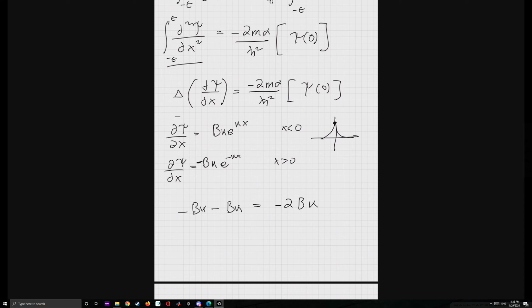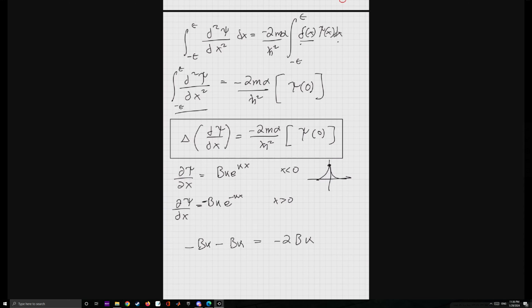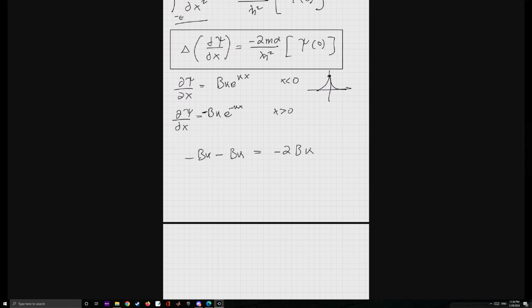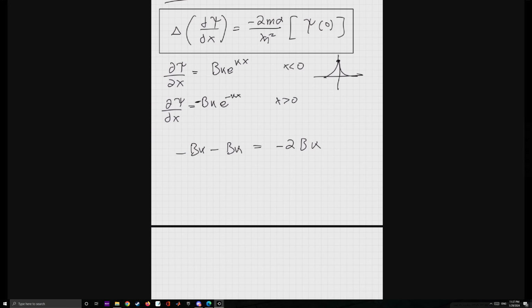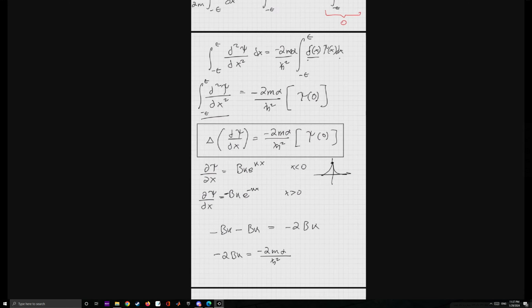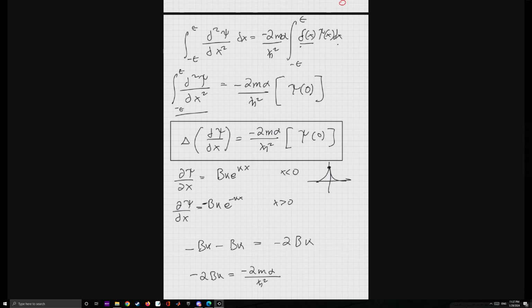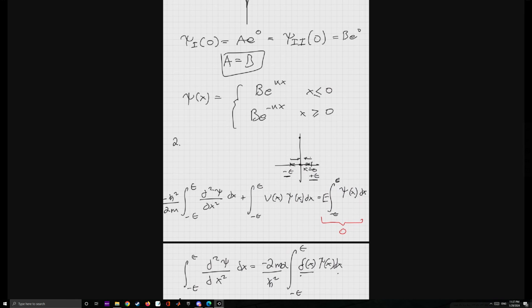Just using this equation, by the way, you can do this for e greater than 0 as well. You just simply use this equation. You're going to have different conditions for different boundary conditions, and your solutions are of course going to look different as well. But we have negative 2 b k equals negative 2 m alpha over h bar squared, and then psi of 0 simply means the wave function evaluated at x equals 0.